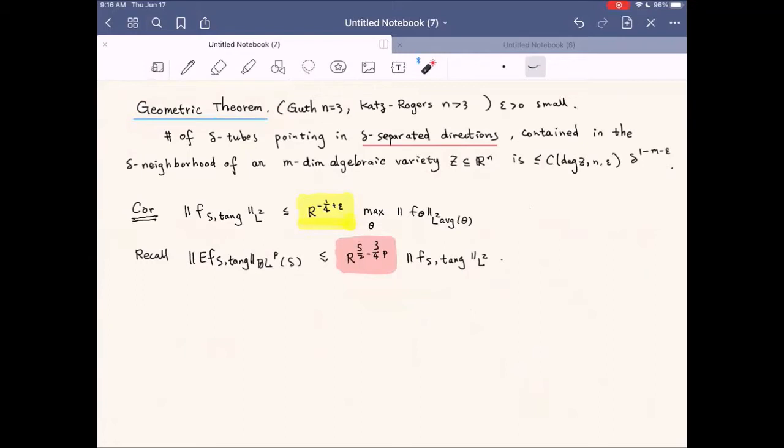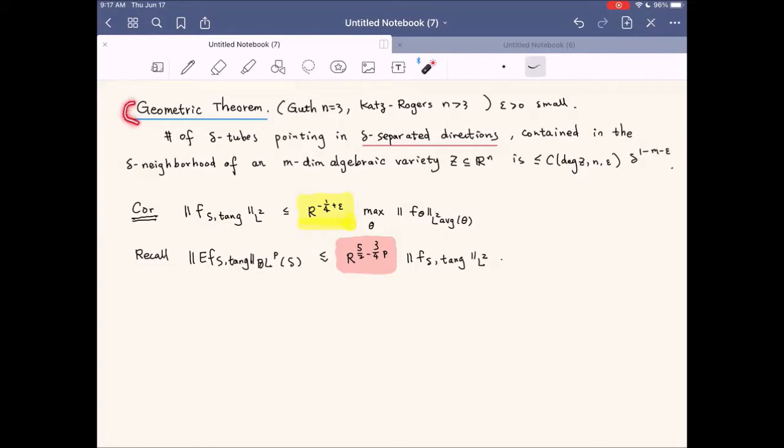Previously, when we thought about polynomial partitioning, there are two key properties. One is that the number of tangential tubes is not too large. And the second one is that if a tube is transversal, it does not intersect the algebraic variety many times, and the tubes do not intersect the cells many times.